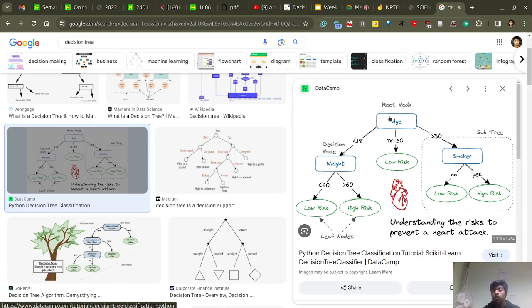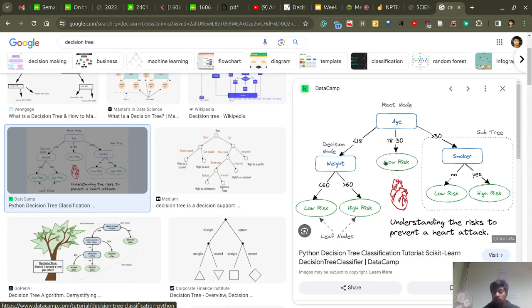Okay, so basically we take the age: if it is greater than 30 and the person is smoking, then high risk. Otherwise, if it is between 18 and 30, no matter what he or she does, it is kind of low risk, this kind of thing.